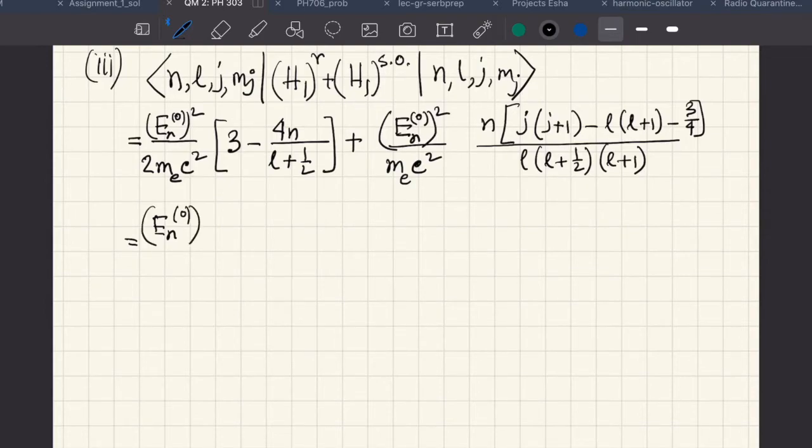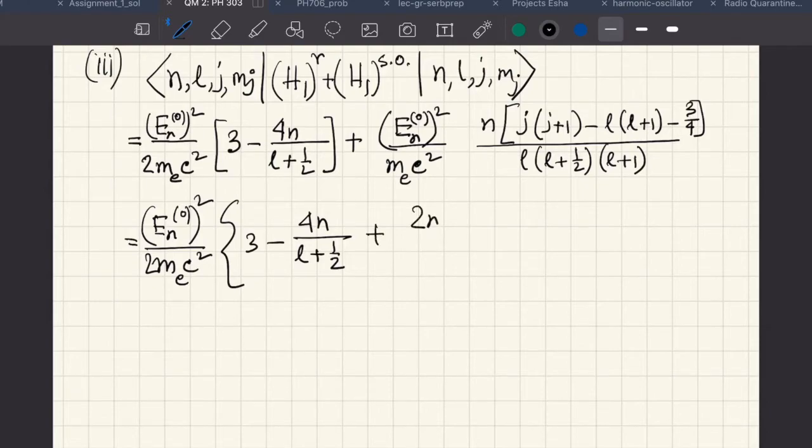So let us see how we can simplify this expression. This is En0 square by twice MEC square, and then we have 3 minus 4n by L plus half. Since we have taken this 2 out, we will have a 2n here.